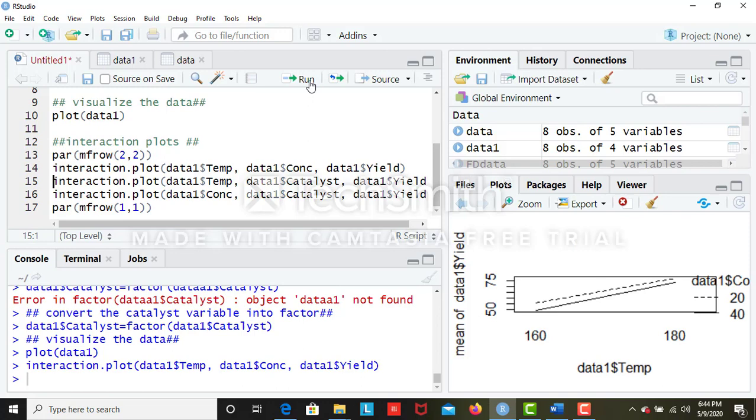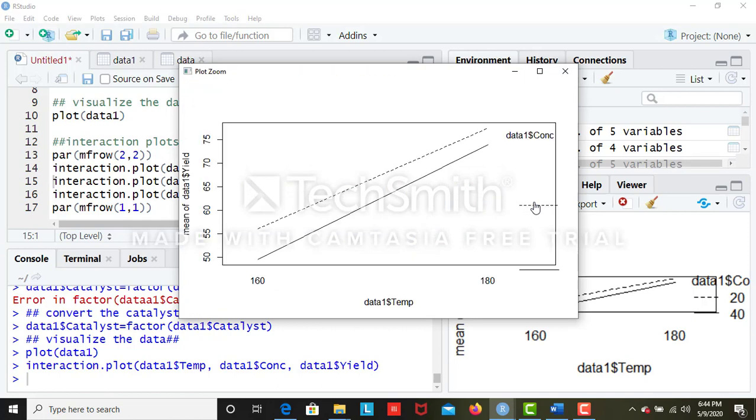So the first one I have here, the interaction between yield and temperature. You could see that I have the interaction of yield as a function of temperature and concentration. So how temperature and concentration interact to affect yield, which is a response variable.